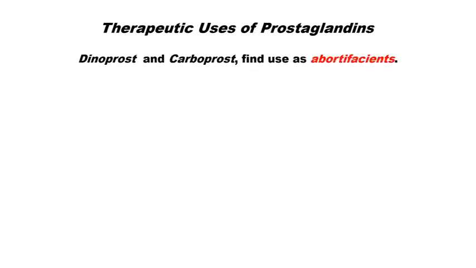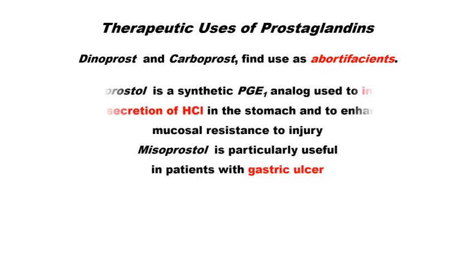Prostaglandins have many therapeutic uses. We can find in the market some abortifacient prostaglandins like dinoprost and carboprost. Some of them, like misoprostol, a synthetic E-type prostaglandin, are used for their capability to inhibit the secretion of HCl.